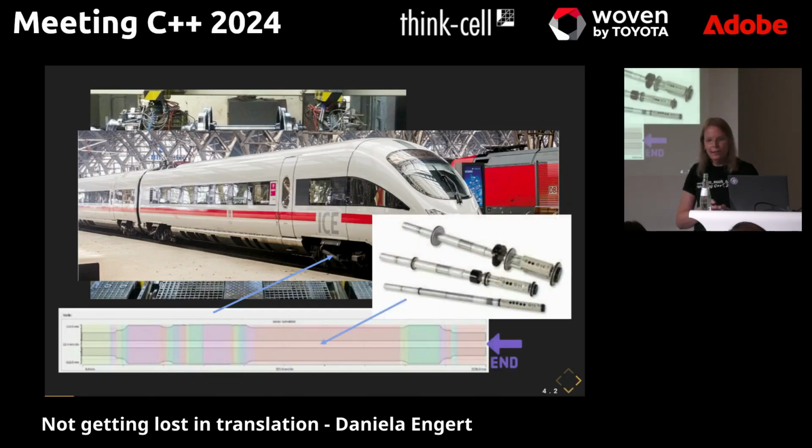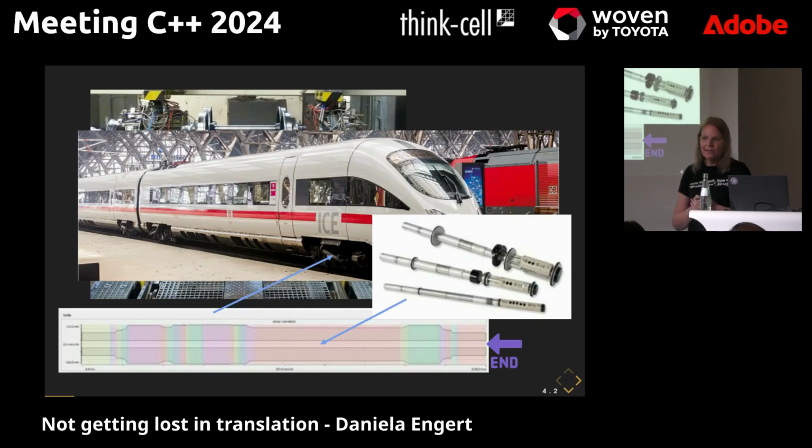And on both ends of the wheel axles you have holes, and into these holes you can put sensors, and we inspect these wheel axles for cracks or holes or something like that using these sensors. And as you might imagine, we are not allowed to destroy these axles. We do it in a non-destructive way. Okay, so this is the stuff that you want to do with this particular machine.